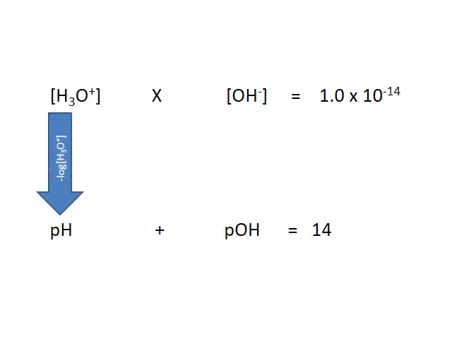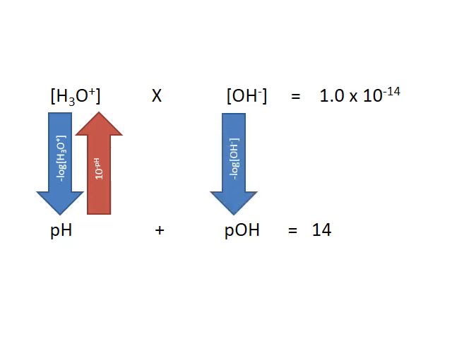So I have a diagram that I like to use: if I have the hydronium, I can take the negative log and get the pH, or if I have the pH, I can take 10 to the minus pH to get to my hydronium ion concentration. If I have the hydroxide ion concentration, I can get to the pOH by taking the negative log, and then vice versa. If I take 10 to the minus pOH, I can get back to my hydroxide ion concentration.